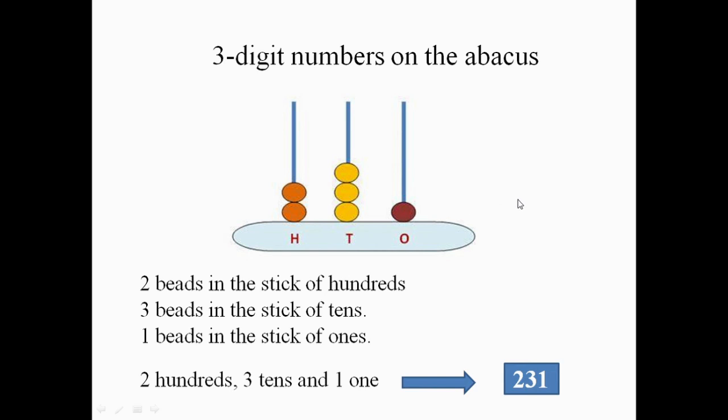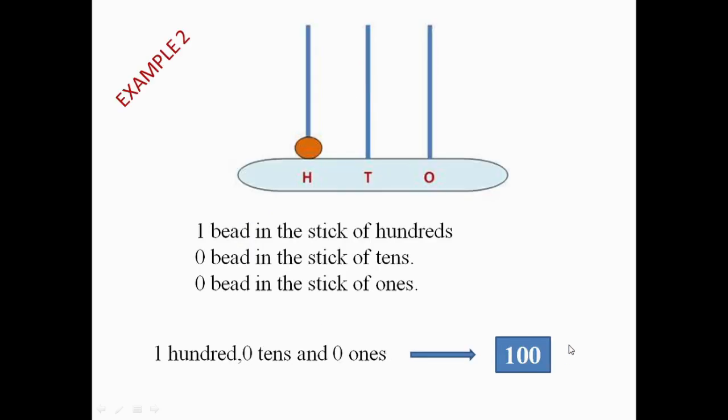So in this case we have 2 beads in the stick of hundreds, 3 beads in the stick of tens, and 1 bead in the stick of ones. So the number is 2 hundreds, 3 tens and 1 one, which is equal to 231.